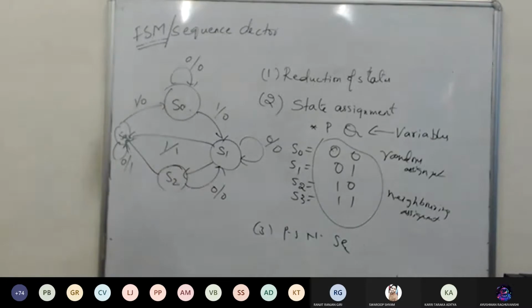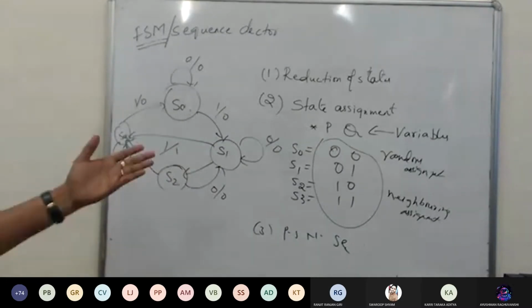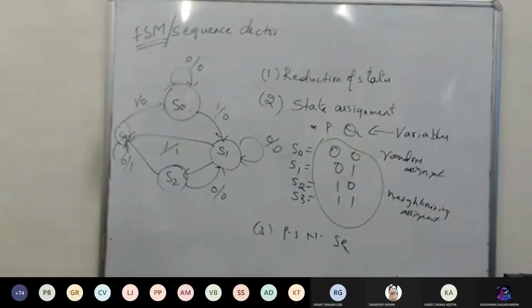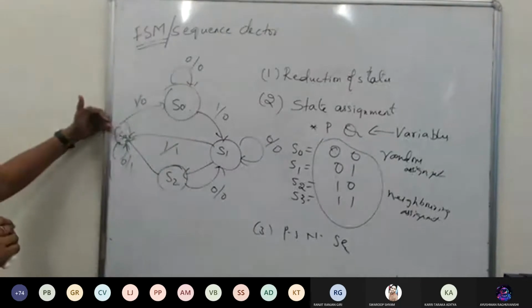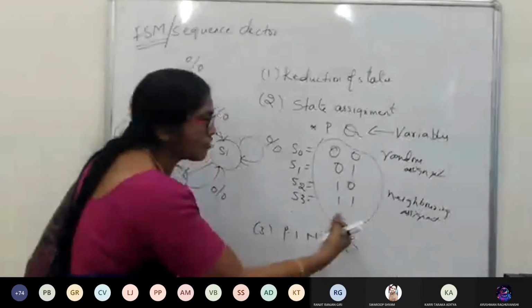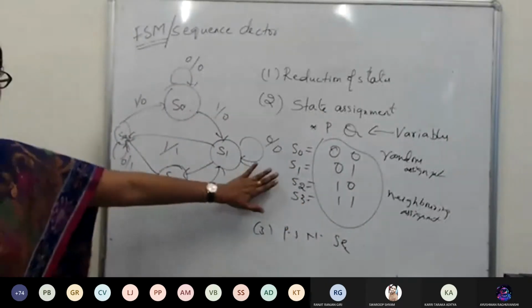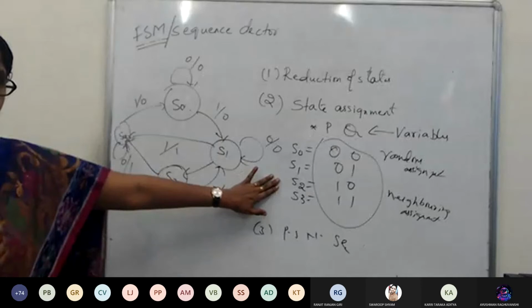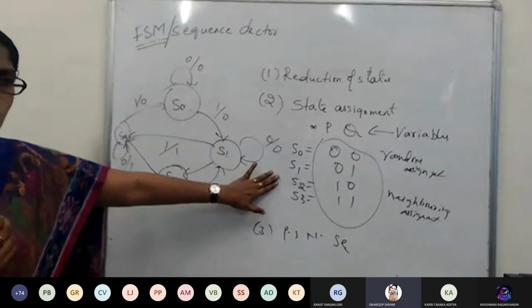But S3 and S0 are far ahead. I cannot do that. If I go for S3 and S0 adjacency, you will have a different assignment level. Definitely. This is one of the neighboring state assignments. I am not saying this is the perfect one.